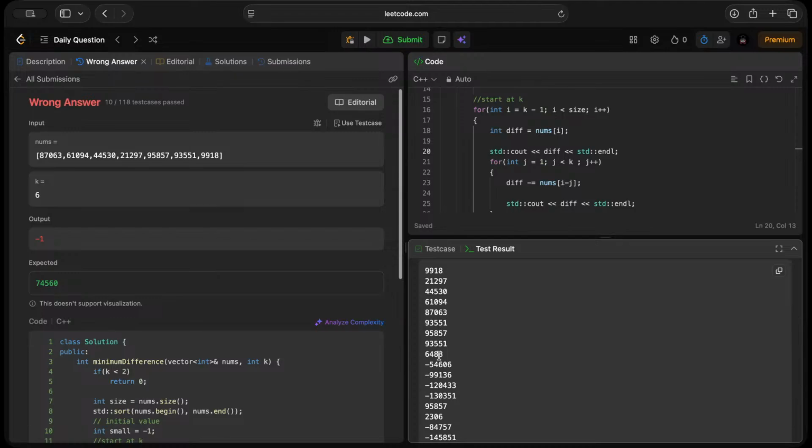And then our first value is somehow 604.88. Where's this 640.88 coming from? I have no idea where that 640.88 is coming from.